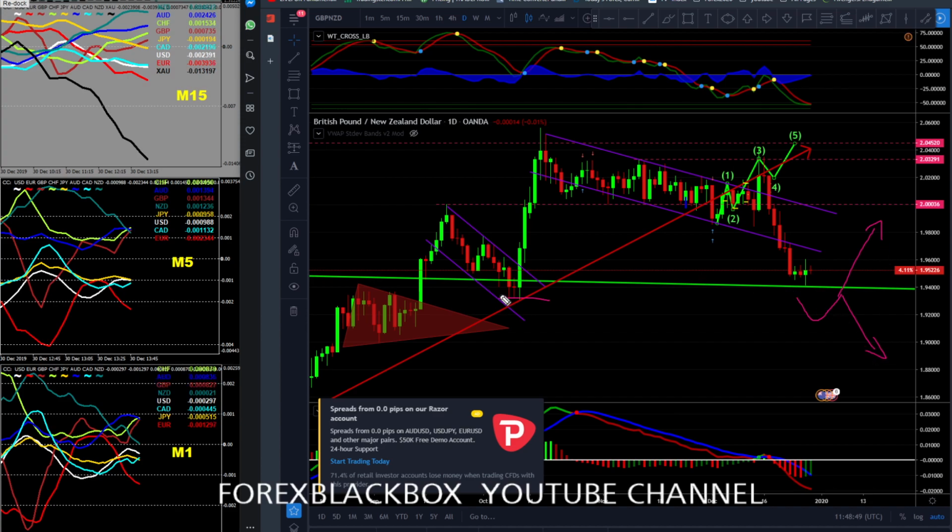So just wait for this point, because at this point, the last few days it's not doing much. It's consolidating. Maybe it's going to do a trap here for sellers, then come back up and do this and continue up. Yeah, you have to wait for next week. That's my opinion, guys. You have to wait for next week.